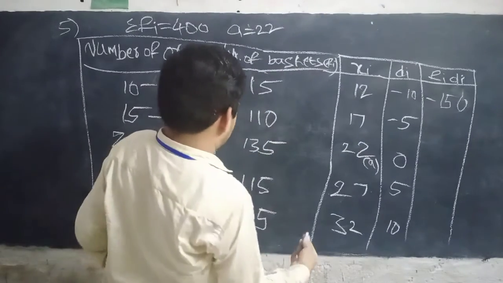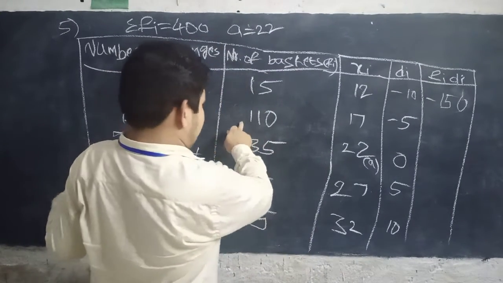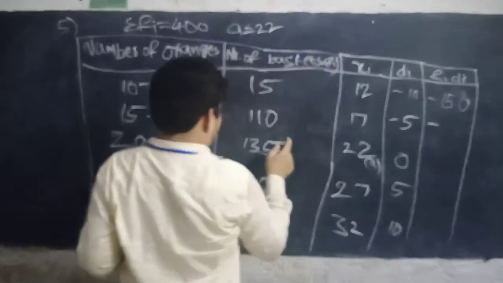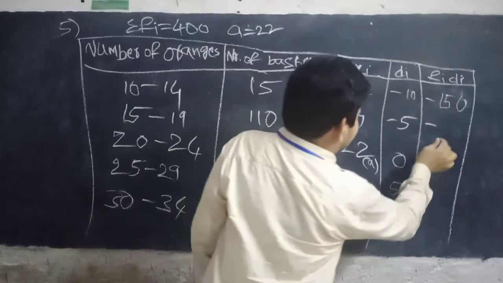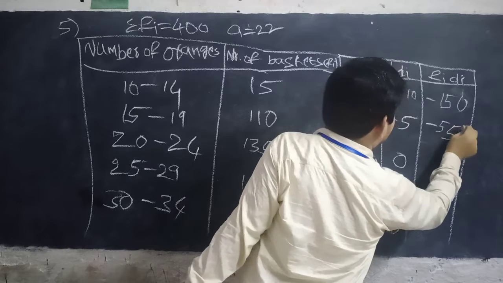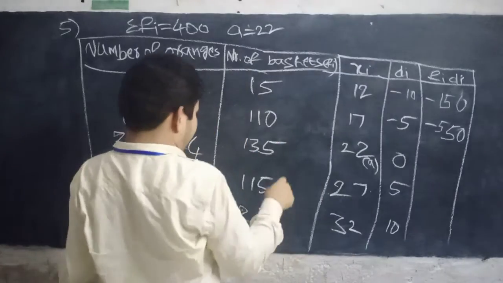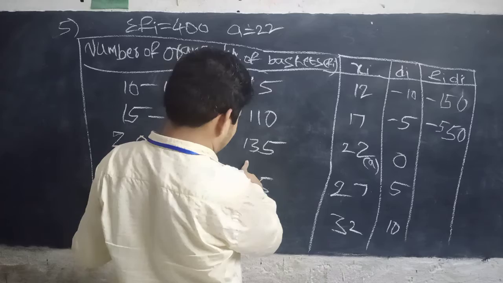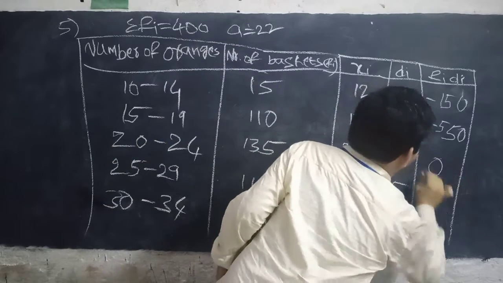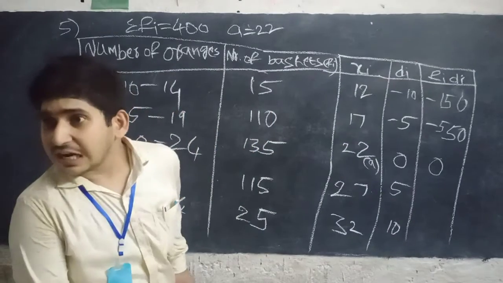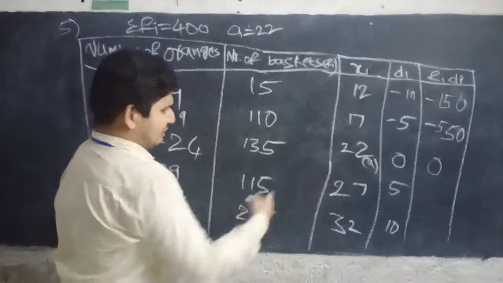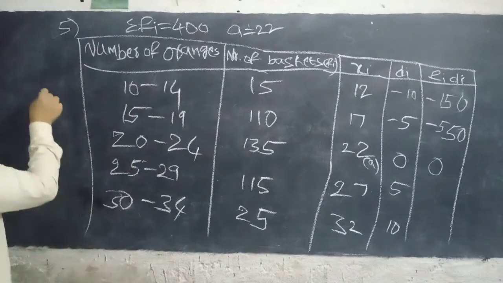Next, 110 into minus 5, minus 550. Now 135 into 0, 0. Now 115 into 5.